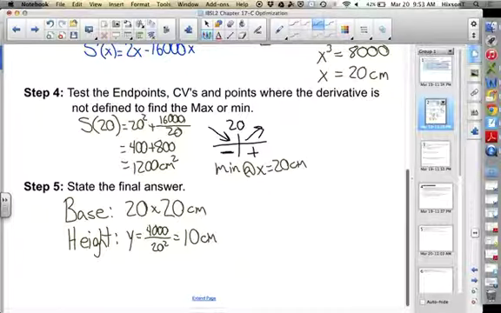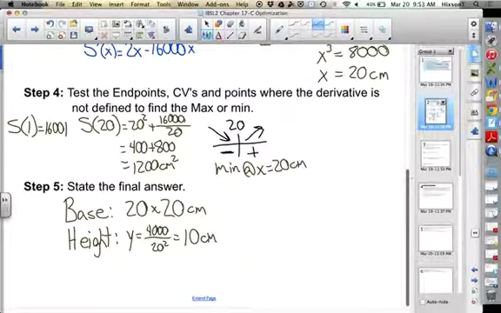So what was the point of finding 1,200 centimeters squared? Just if I wanted to compare it to, say, S of 1. S of 1, you would get 1 plus 16,000. It was 16,001. Now, that's not an endpoint because technically it's greater than 0, so we could test 0.01 or 0.001.